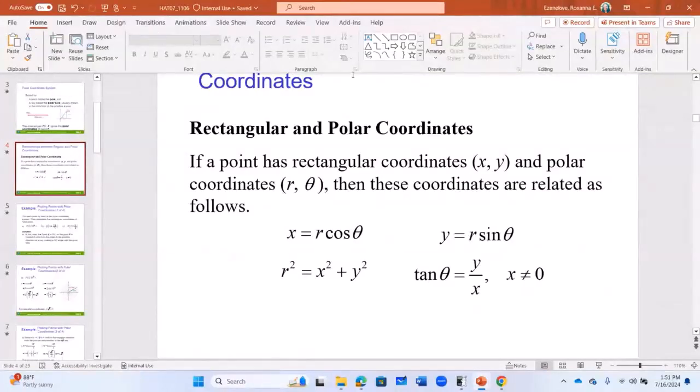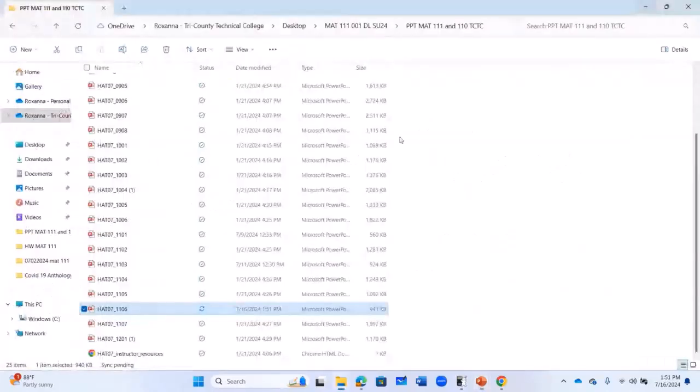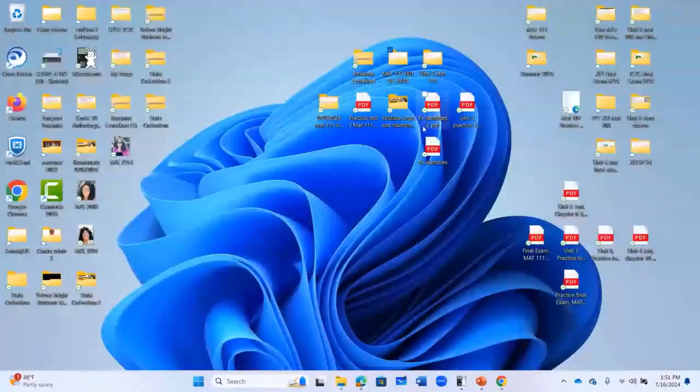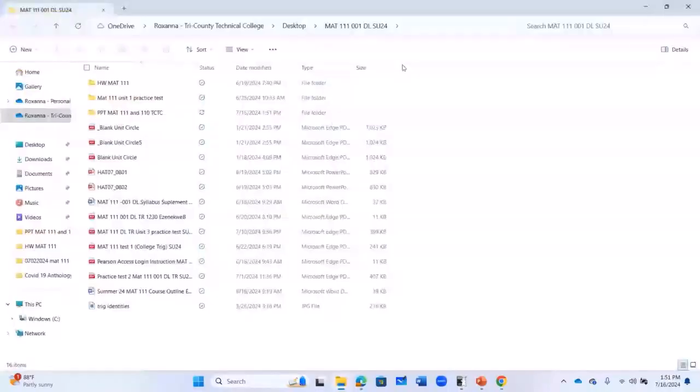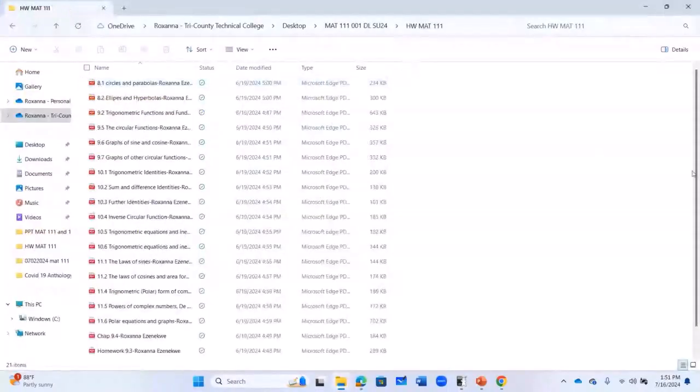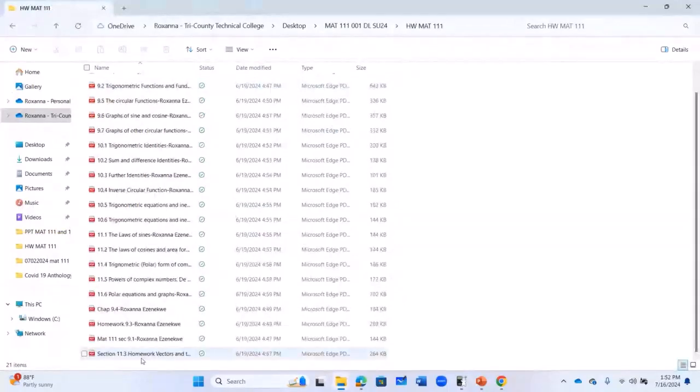I know we're not going to scratch it, but homework 11.6 is where we are going. I know we have under 6 minutes, but we might start there when we come next class. Polar coordinates.